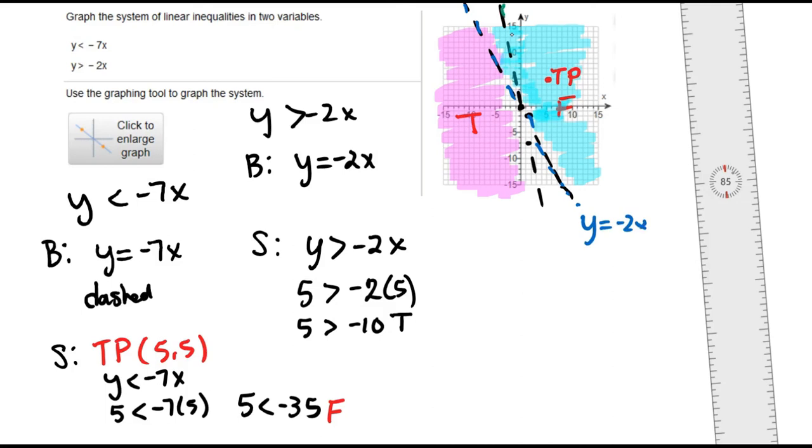And this one in green, that's the one that is y equals negative 7x. So I'm drawing my blue highlight all the way up to the blue line. And the pink highlight on the other side goes all the way up to that green line.